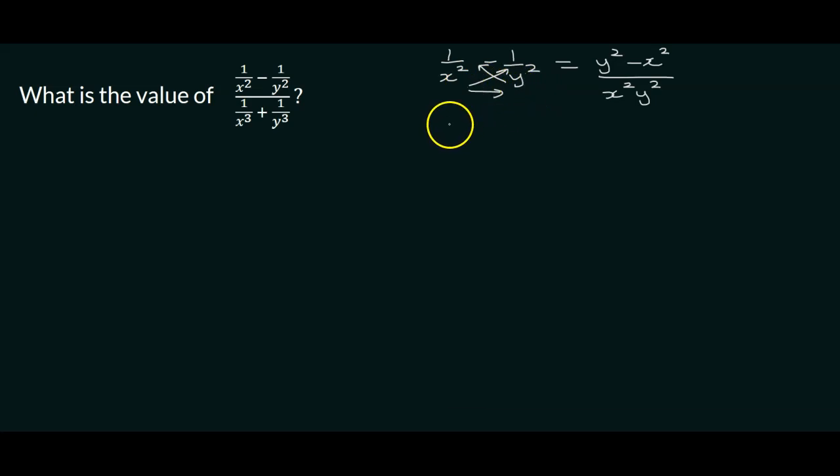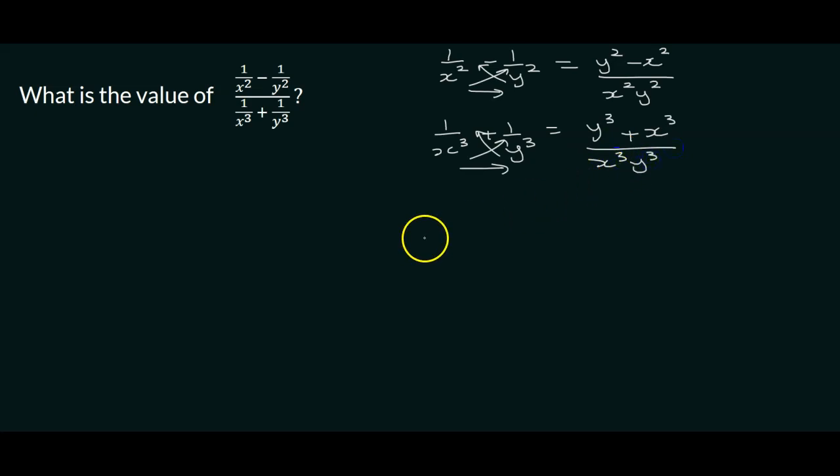And then the next one we have 1 over x cubed plus 1 over y cubed. We're going to do a cross product here. This gives y cubed plus x cubed divided by x cubed y cubed.